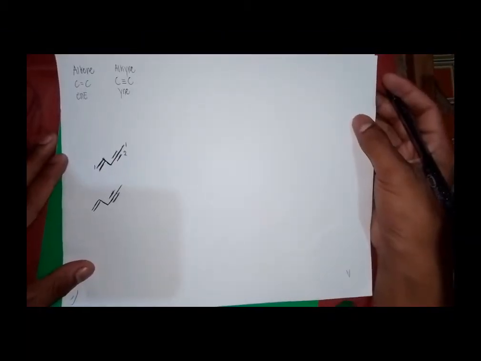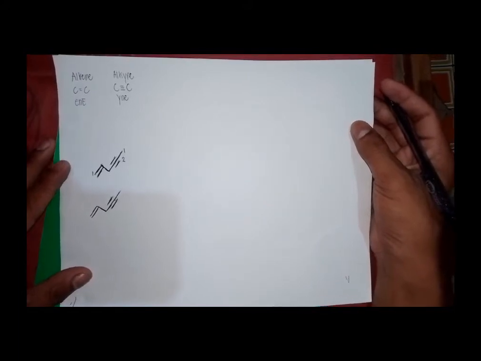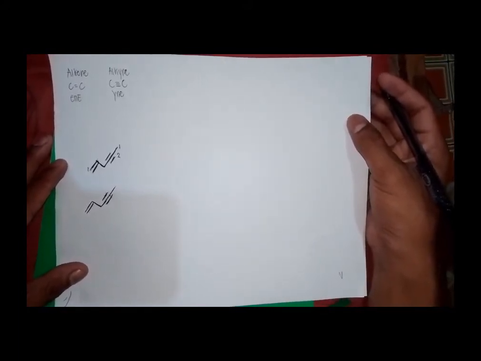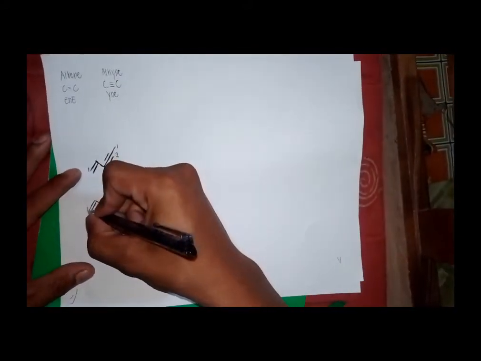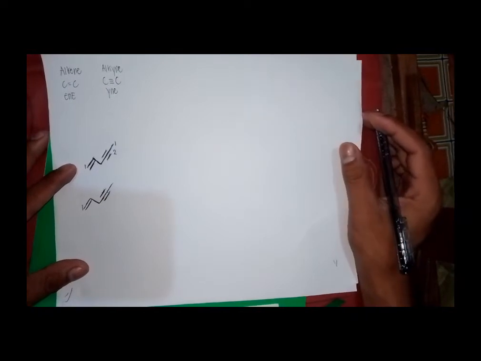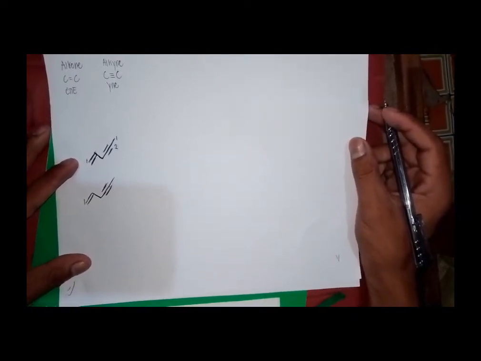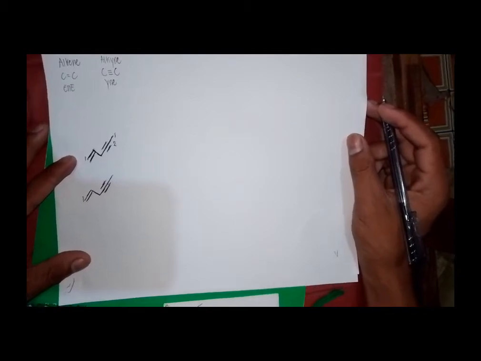The priority here is to determine by which functional group you hit first, and so I have to number from the left, because I have number 1, which is lower than 2.